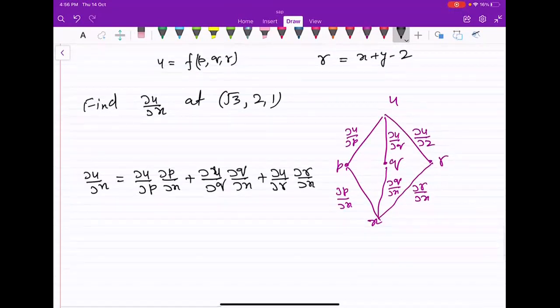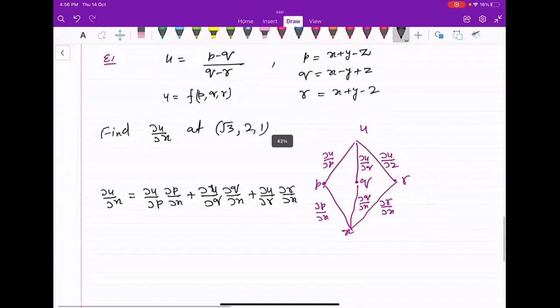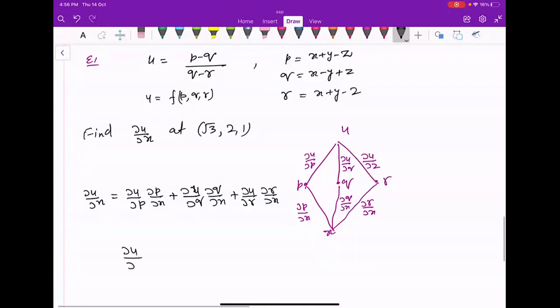Now del u over del p, differentiated, will be 1 upon q minus r. Del u over del q: q is in the numerator as well as in the denominator.